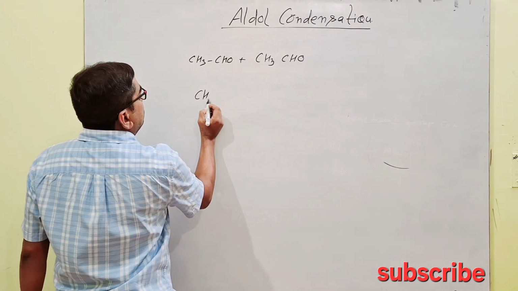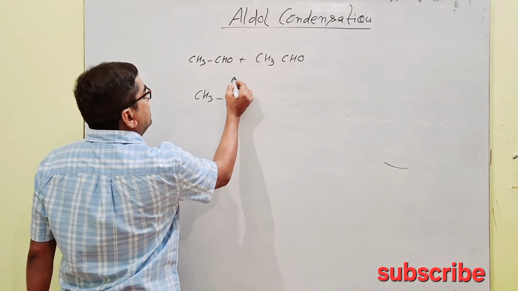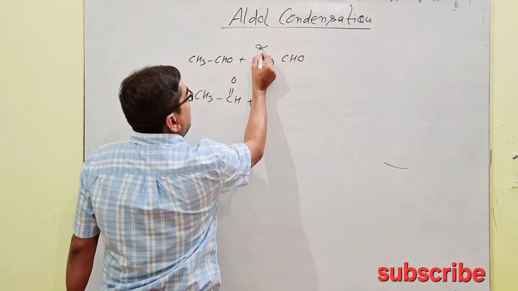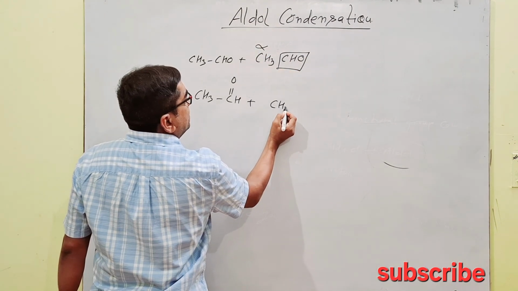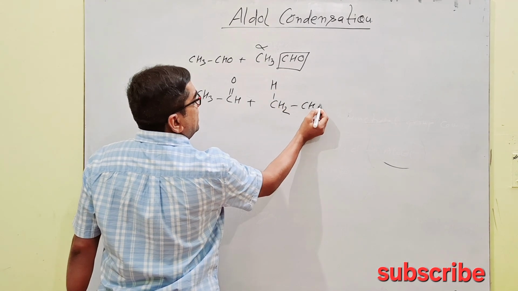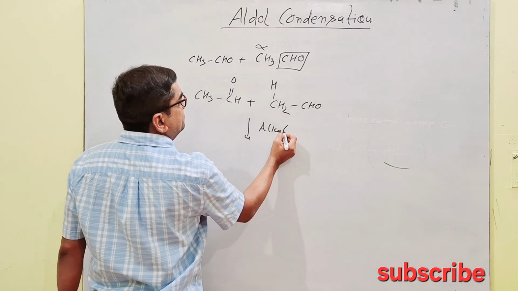The functional group of one carbonyl is this CHO. Now this is the alpha carbon because this is the functional group. So we can note it like this, CH3CHO in presence of alkali.